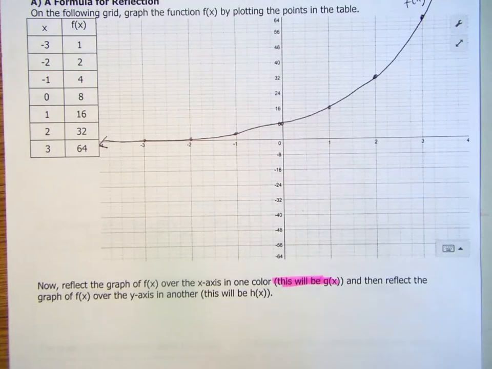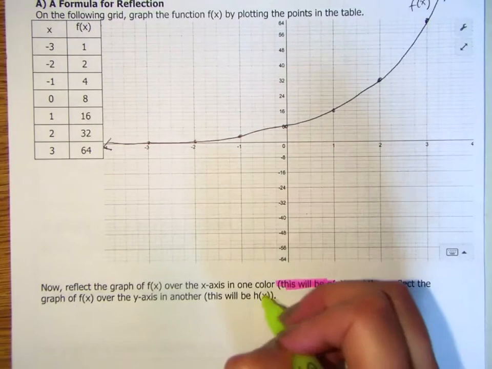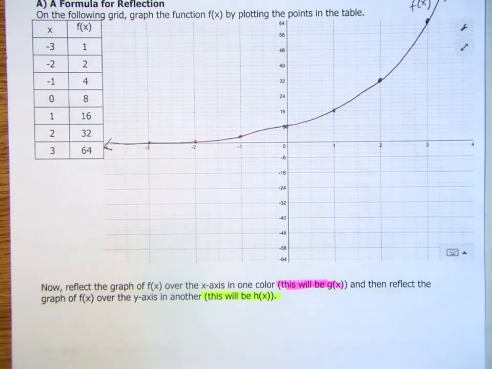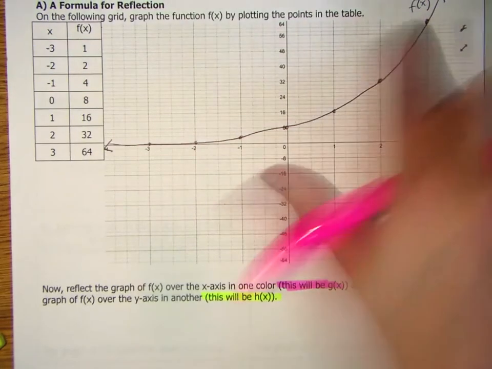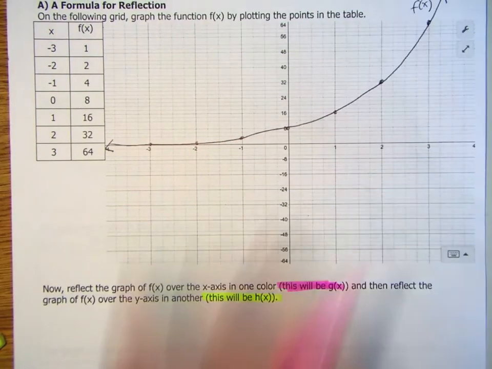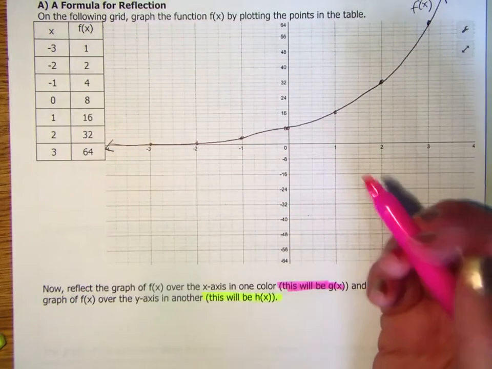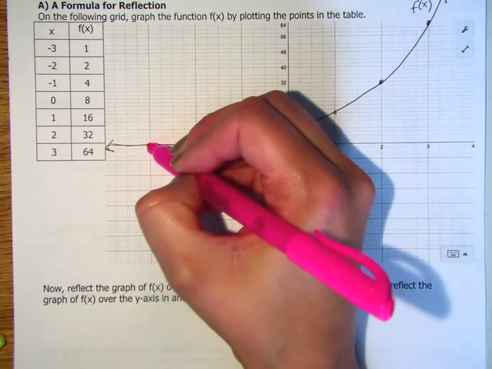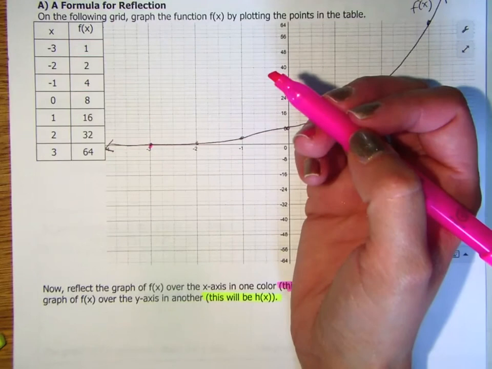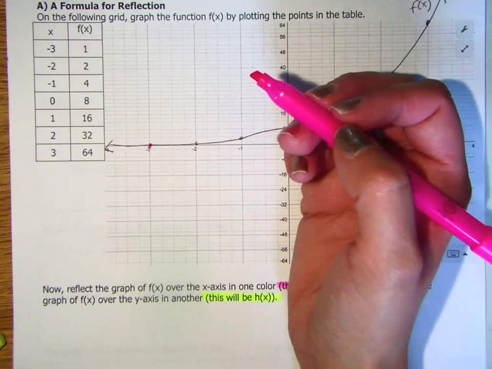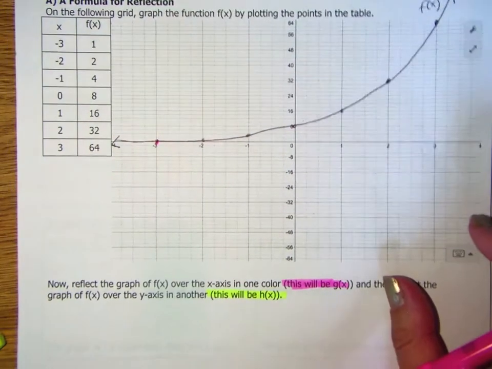And then reflect, again, your original f of x over the y-axis, and we'll call that h of x. So take just a minute to do that. You're reflecting f of x over the x-axis in one color, and then reflect it over the y-axis in another. So you should end up with three graphs on your paper.